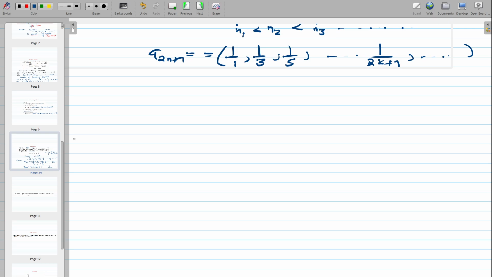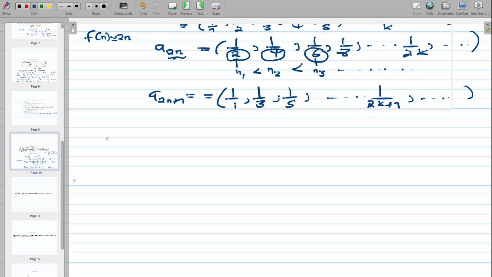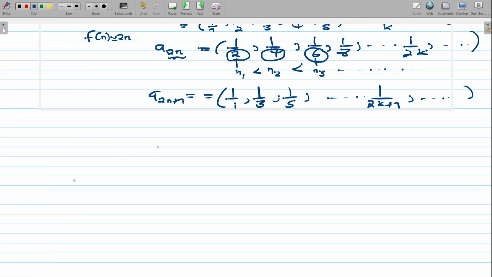And then a sequence like this one is not a subsequence. So let's look at examples of sequences that are not subsequences of 1 divided by n. Let's look at this sequence here. Maybe let's call it d sub n.